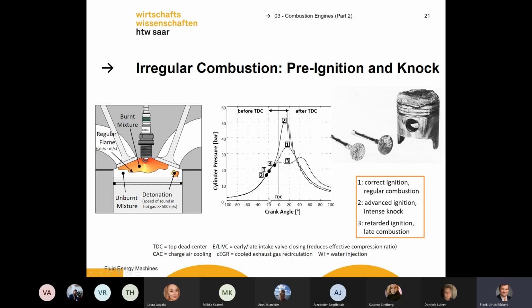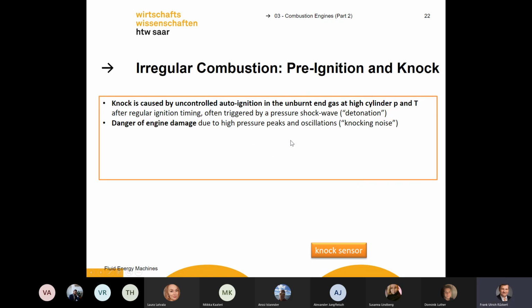And this can destroy the whole engine. You can get knocking of the engine, and you can destroy your cylinder or your valves. And this is really dangerous for your engines. Maybe you know it from some old timers, from the old cars. Sometimes it sounds like an explosion. If you have a knocking or a pre-ignition, then it sounds like an explosion, and it can really destroy the engine. Okay.